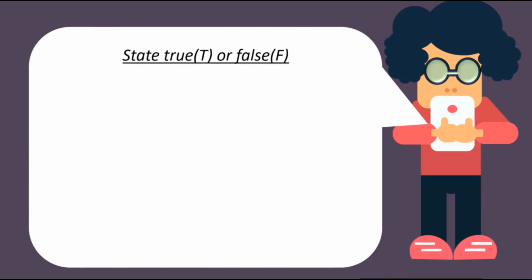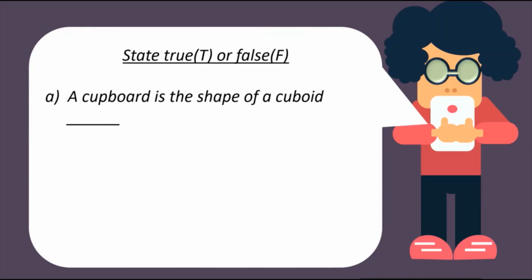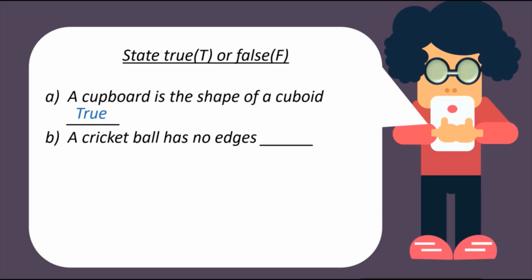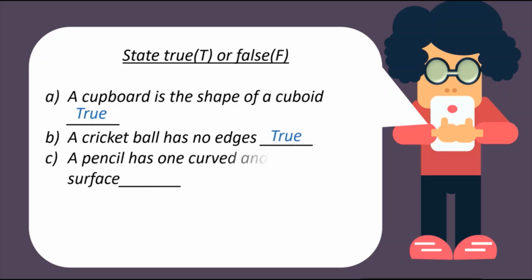Now we have to state whether it is true or false. A cupboard is the shape of a cuboid. That is true. A cricket ball has no edges. That is true because it is a sphere. A pencil has one curved and two plane surfaces.